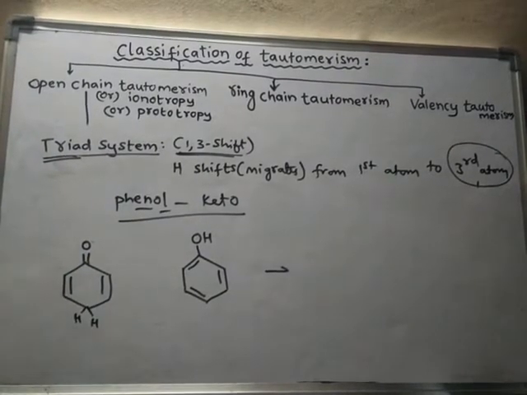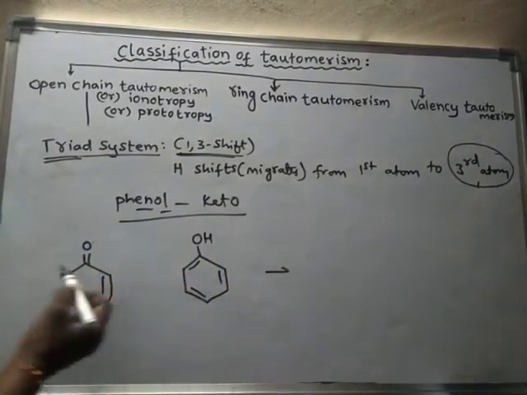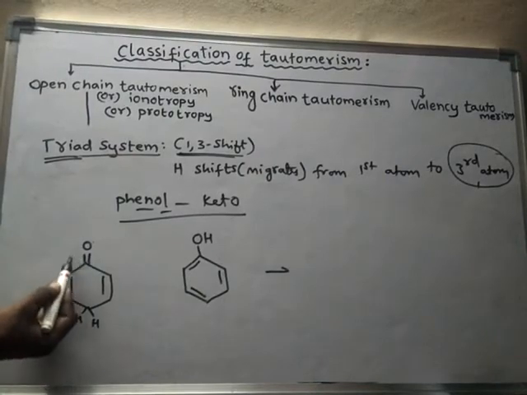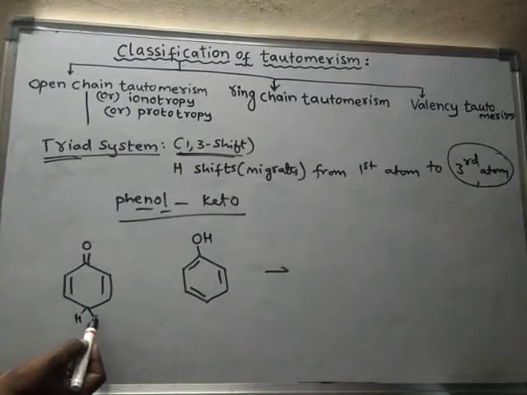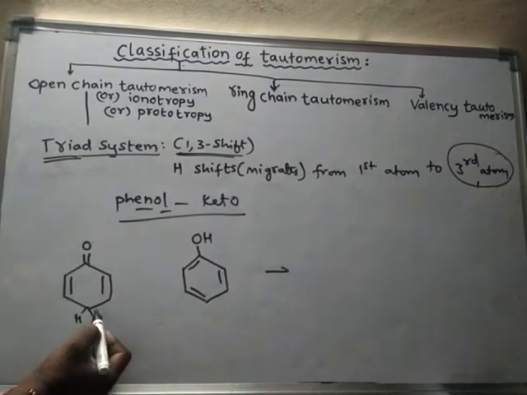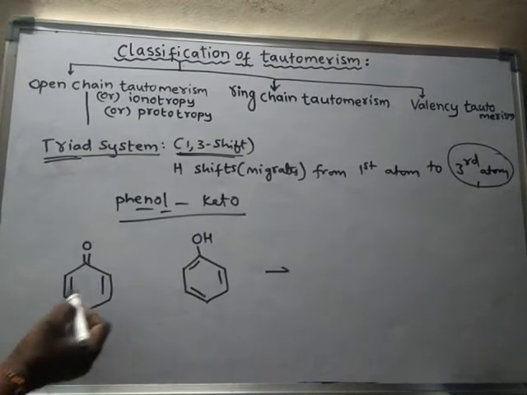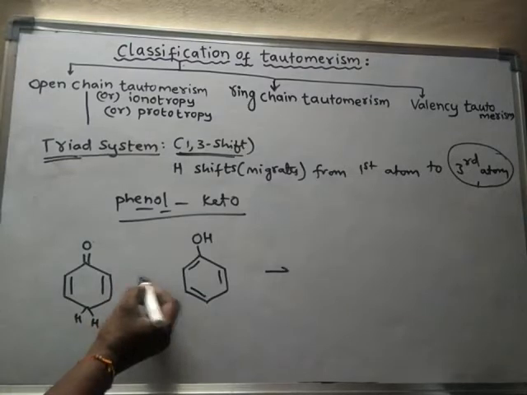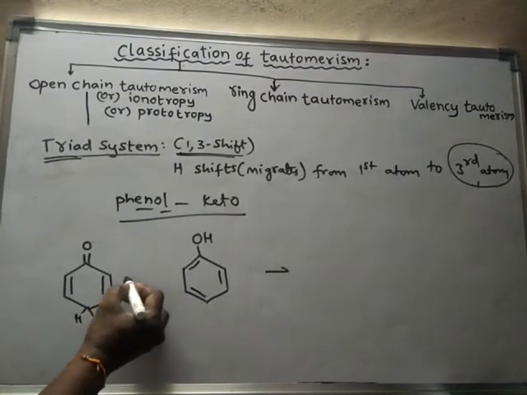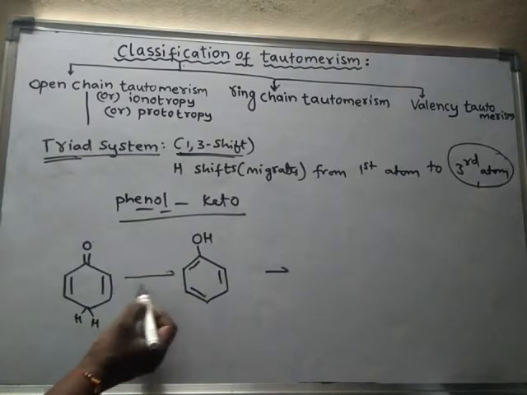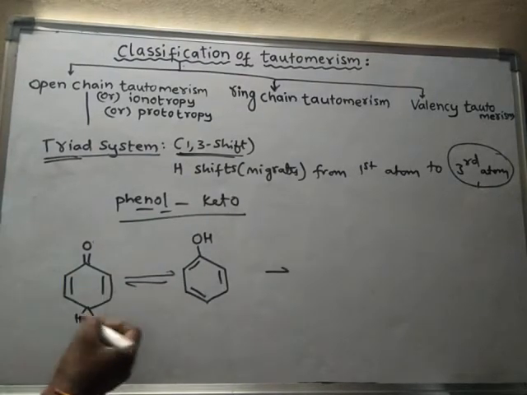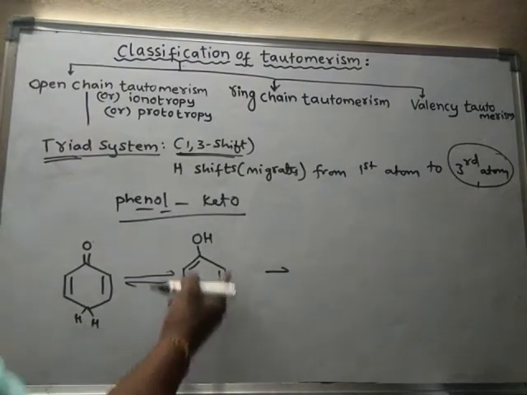So it forms this one, or else this hydrogen will move here, so the double bond will come here and this bond will shift here. So it loses one hydrogen and it moves here somewhere. Okay, so right like this. So what happened? This will convert into this one. Okay, so this is more stable than this one. So this is the keto form. This is the enol form, phenol.